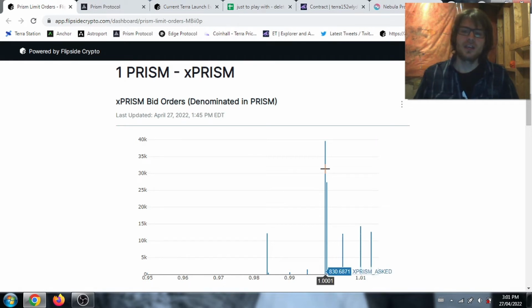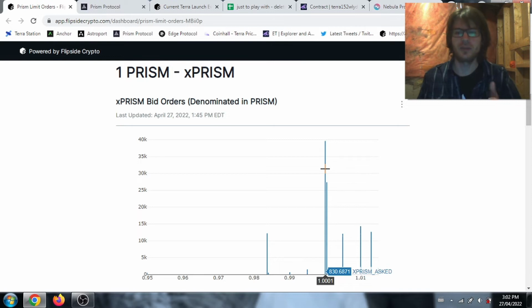If the price of X Prism ever falls to 1 Prism, like if the price of X Prism denominated in Prism ever falls to 1, and remember, the proper intrinsic value of X Prism is 1.05 Prism. But on the market, if it ever falls to 1, then this bid order is going to be activated.